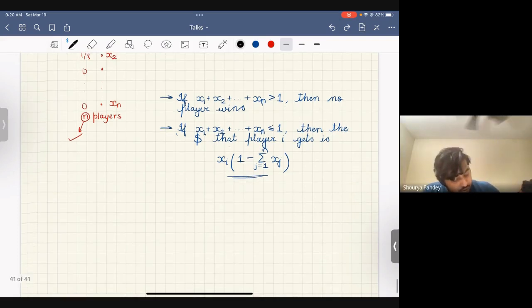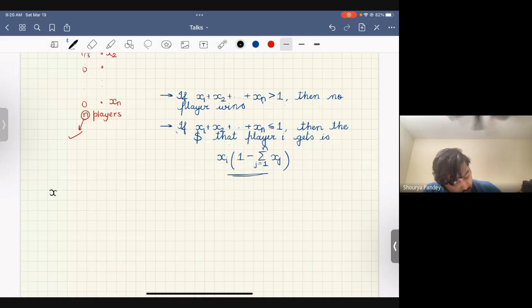Why is that true? Let's say the sum of the others, that's the only thing we care about really, is s. If s is at least 1, then obviously there's no point doing anything, so just pick whatever. But let's say s is less than 1. Then what do we need to do?